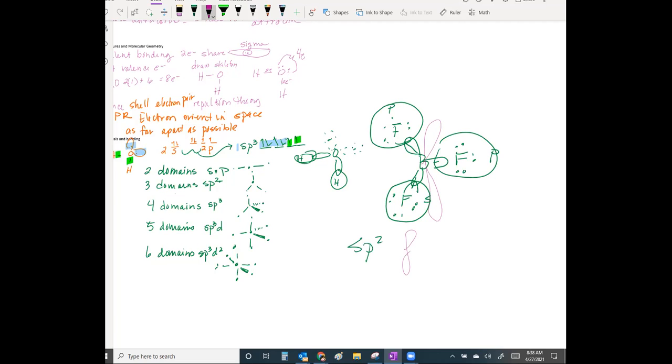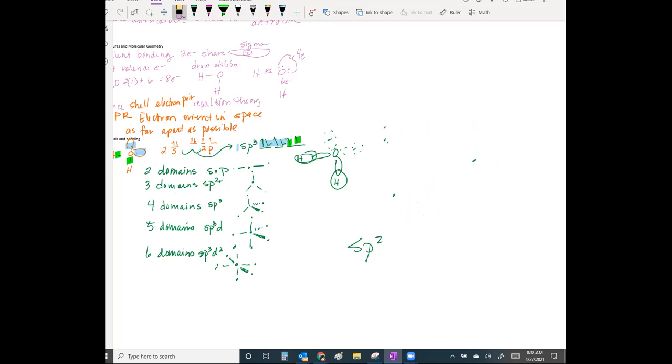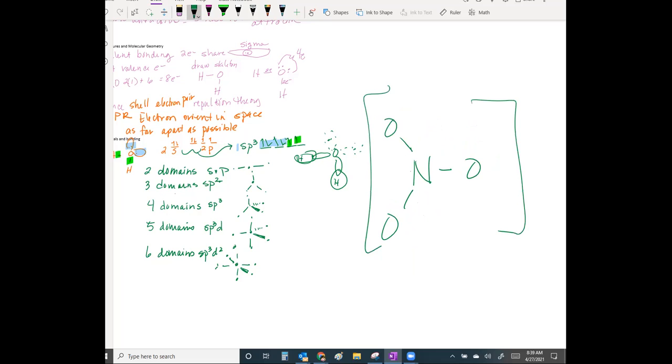And the fluorine's going to have p orbitals. Well, that's not a good example. Let's do nitrate. If we draw all our electrons in, nitrogen has 5, it has a -1 charge, so that's another electron. 6 plus 18 is 24.